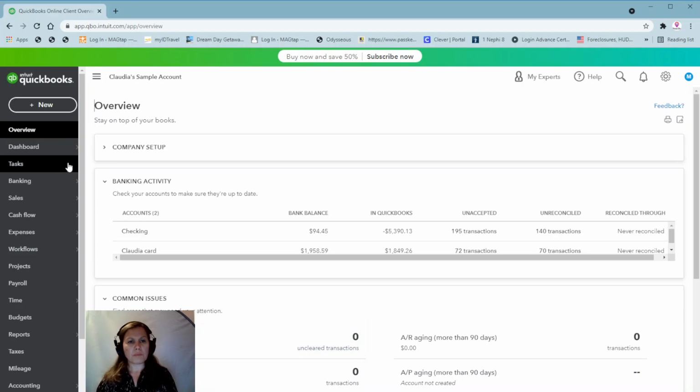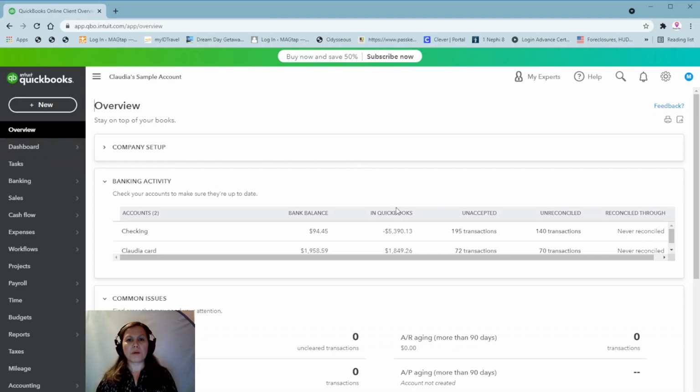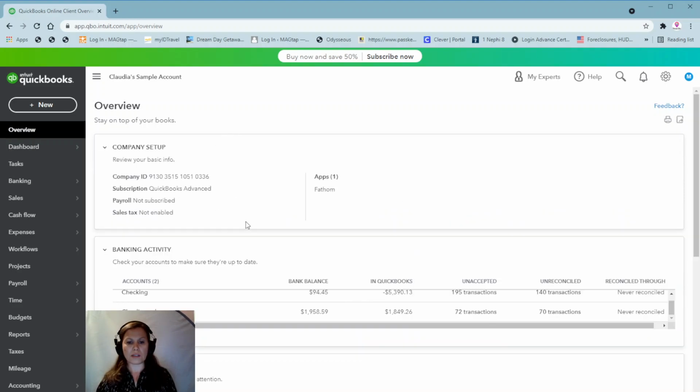And as a bookkeeper, on the left hand side, you'd have a month-end review where you're going to go through all the details. And on the next video, we're going to cover that. But as a business owner, this is where you're going to look to see what kind of tasks your books need in order to get cleaned up.